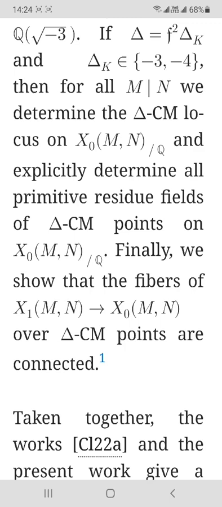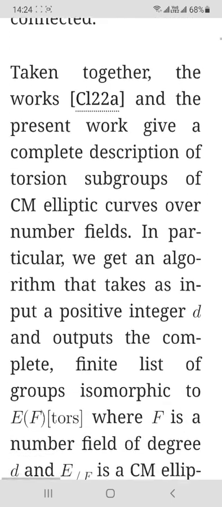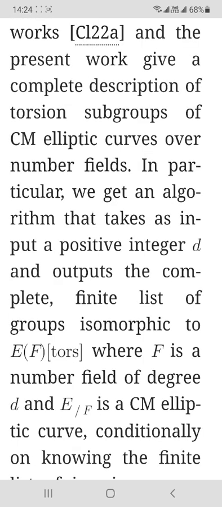Okay. Finally, we show that the fibers of S1(m,n) to S0(m,n) over delta CM points are connected. Taken together, the previous works and the present work give a complete description of torsion subgroups of CM elliptic curves over number fields.